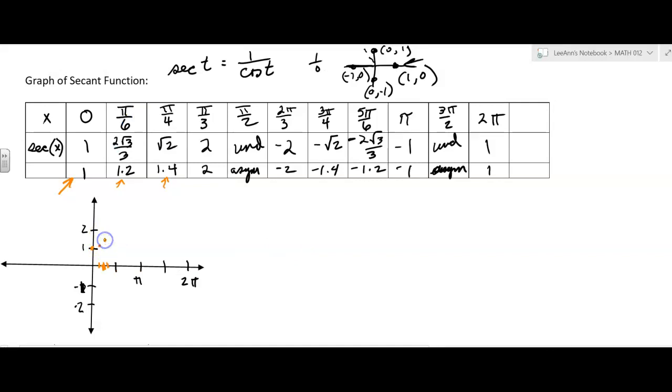Now when I get to pi over 3, it's all the way up to 2. Then what happens at pi over 2? That's an asymptote. So I'm going to put an asymptote in right there. If I want to put the other asymptote in, I can do that as well.